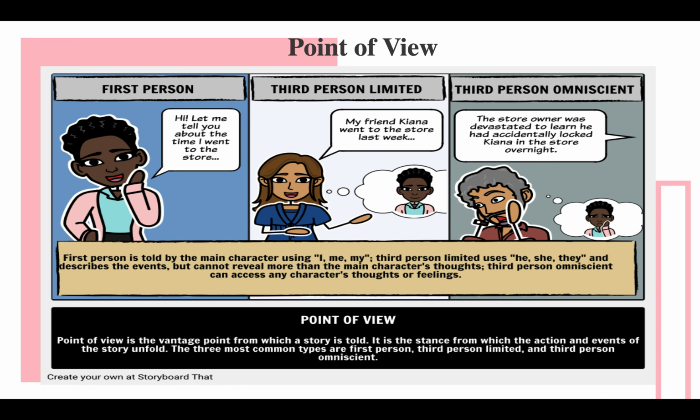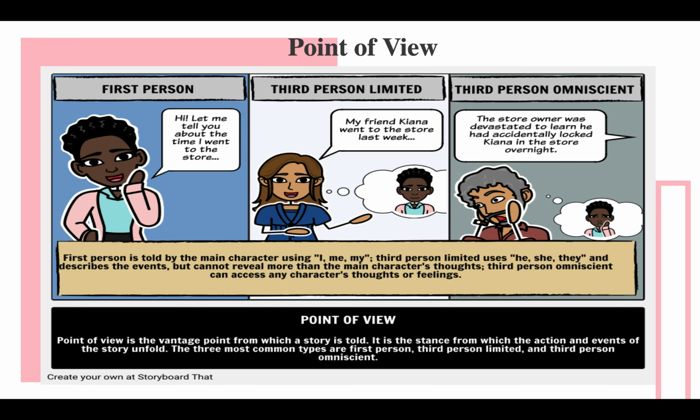The third person limited uses he, she, they, and describes the event but cannot reveal more than the main character's thought.